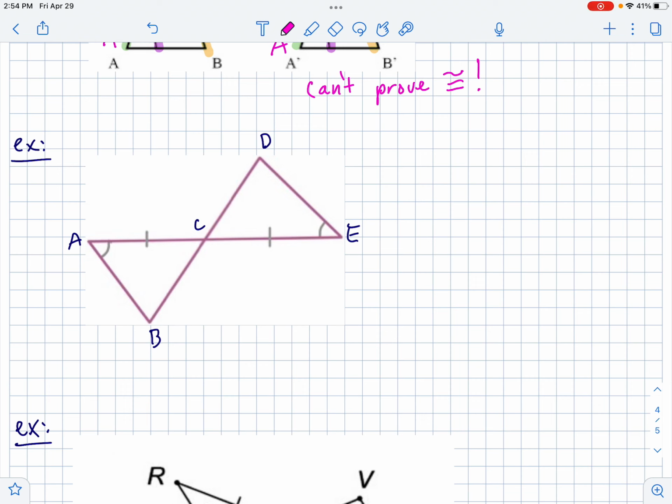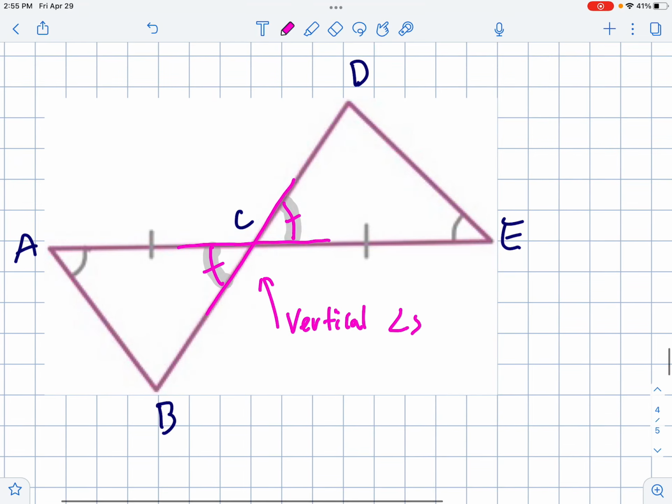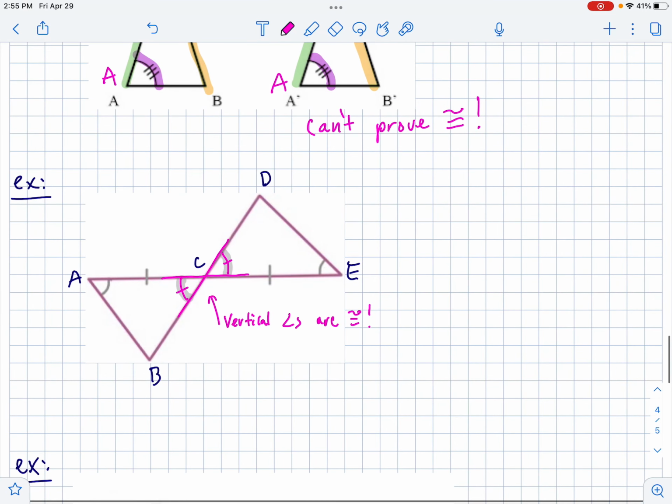Oh boy, here we go. There's a property that we haven't really talked about yet, and I thought I'd talk about it a little bit. If you have an angle that's directly across from an angle like that, and these two make a giant X together, these are called vertical angles. So vertical angles are congruent to each other.